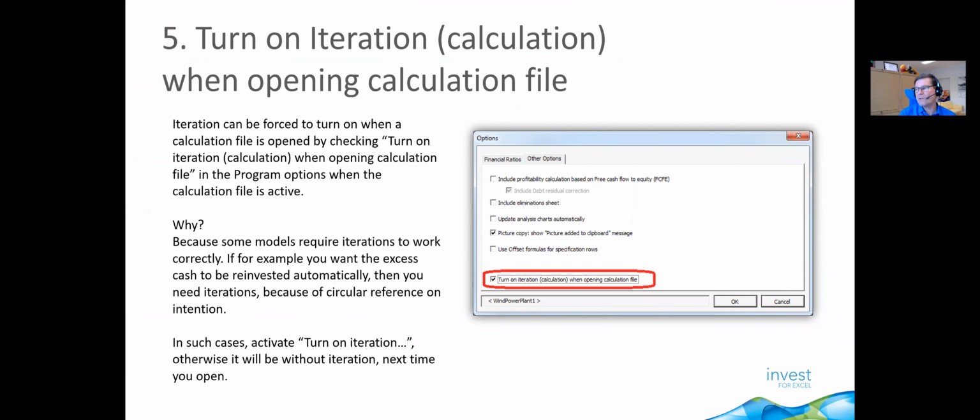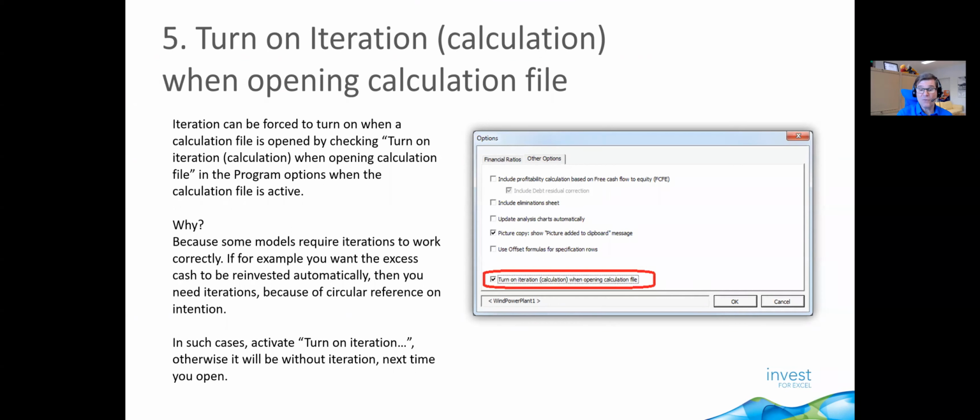Let's say you have some excess cash and you want to have a return on that cash, some interest return on it. It doesn't work unless you put iteration on, because you need to take the rows from the same column, and they are impacted by whatever the result is. So you need to have iteration, and then it works.